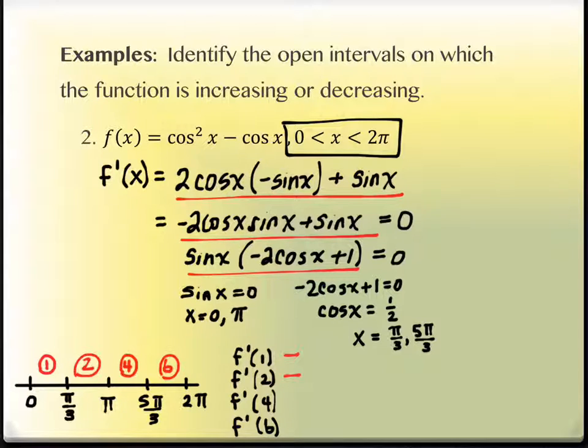Negative also? Oh, yeah, check and make sure you're in radians or degrees. Good point. You should be in radians. Did we get positive? Okay, how about at 4? Negative? And at 6? Positive.